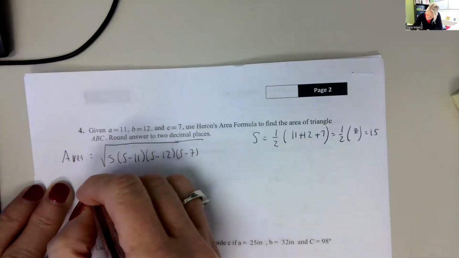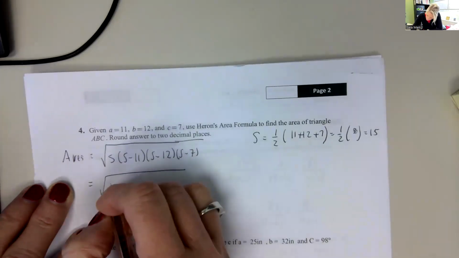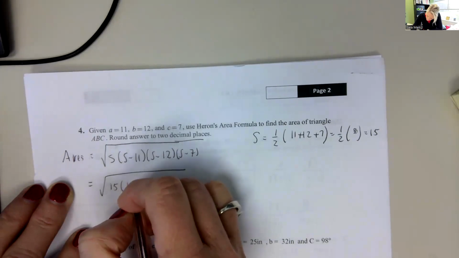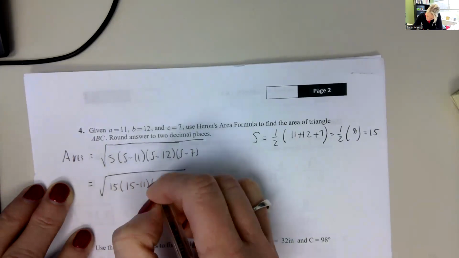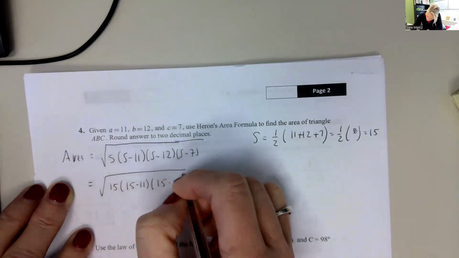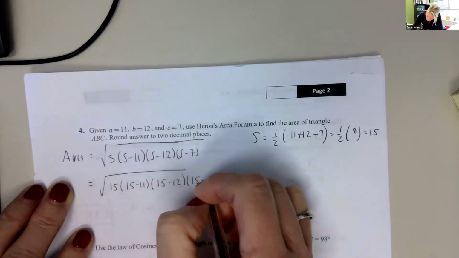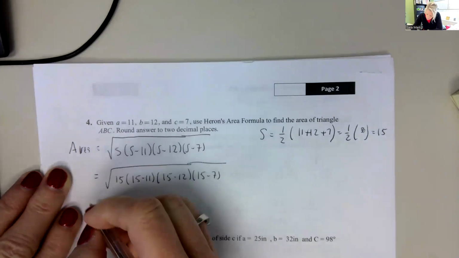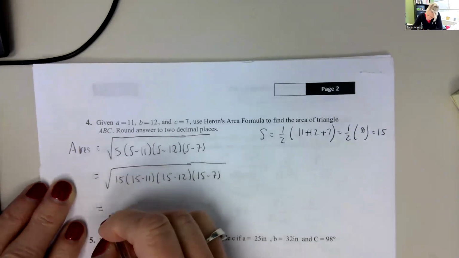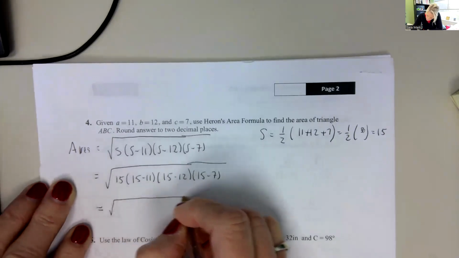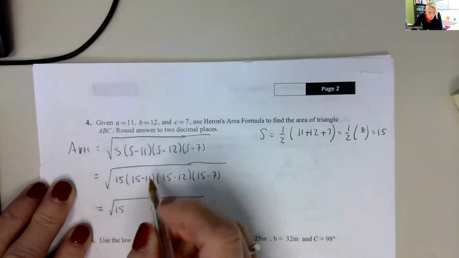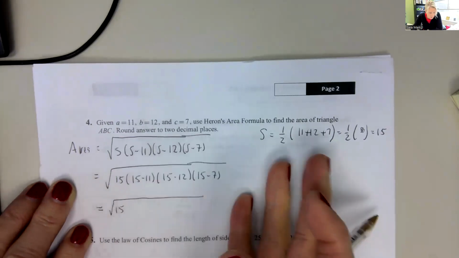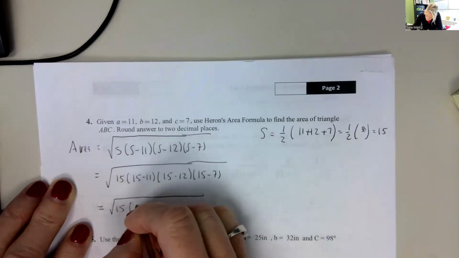Okay, so this is equal to the square root of 15 times 15 minus 11 times 15 minus 12 times 15 minus 7. Now I recommend you show me all the work on your paper when you submit this on the actual test. And you could type just this right into Desmos. I'm just going to do what I can by hand.